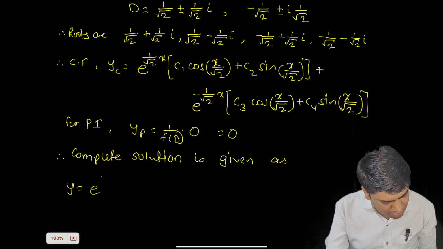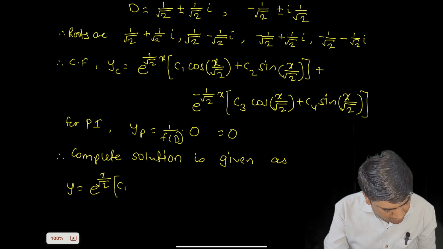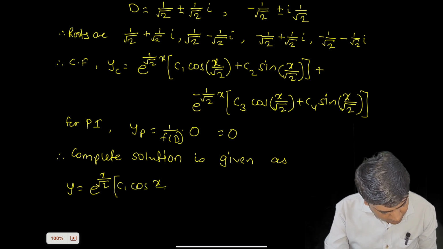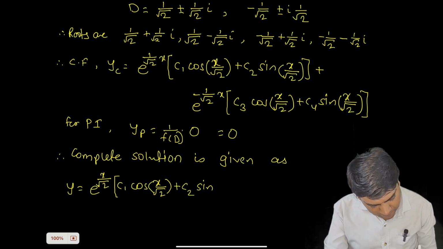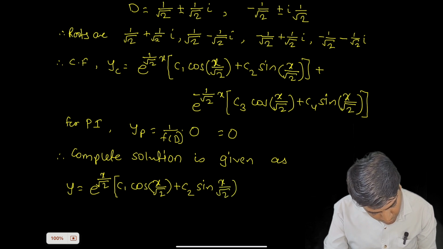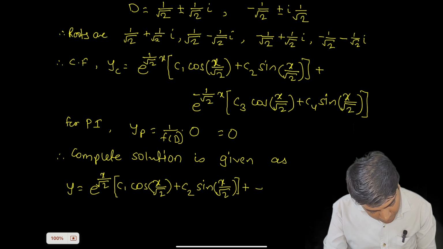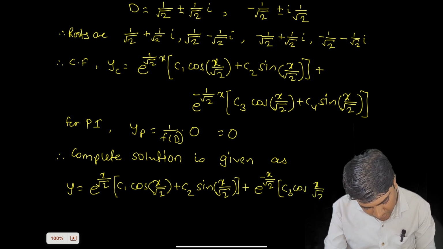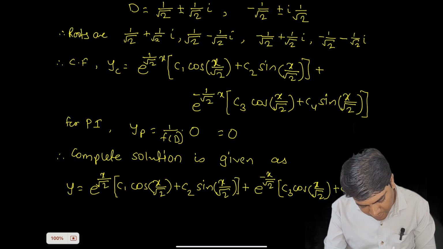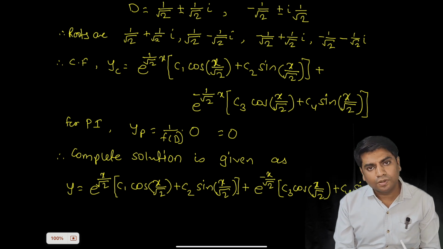So I can write here e raised to x by root 2 in bracket c1 cos x by root 2 plus c2 sine x by root 2, plus e raised to minus x by root 2 in second bracket c3 cos x by root 2 plus c4 sine x by root 2, plus 0, and plus 0 whether you write it or not, it's the same thing.